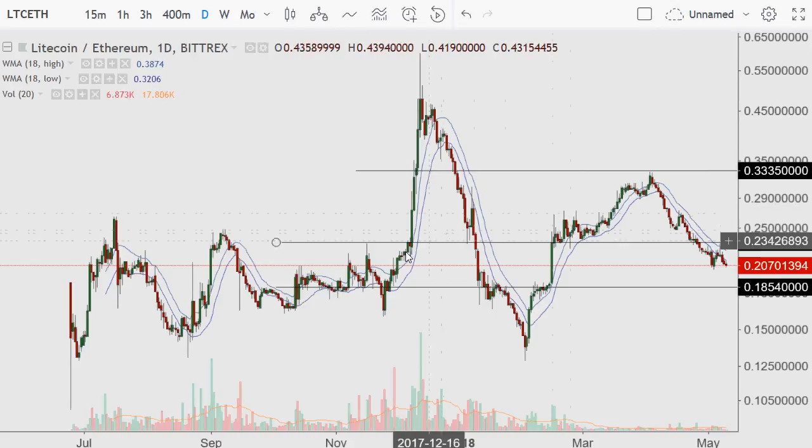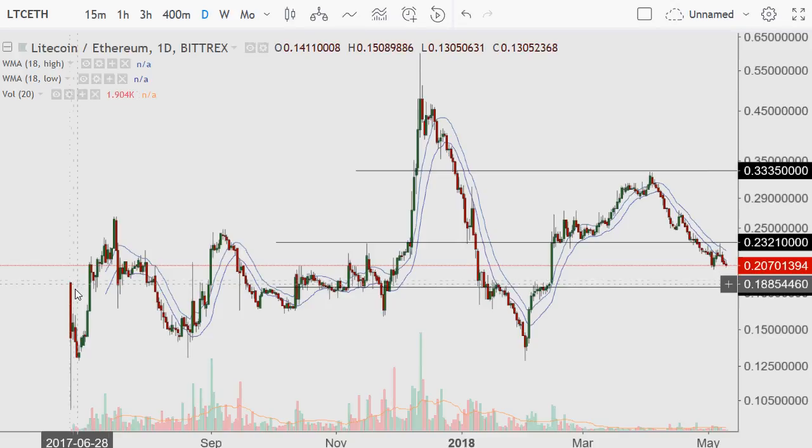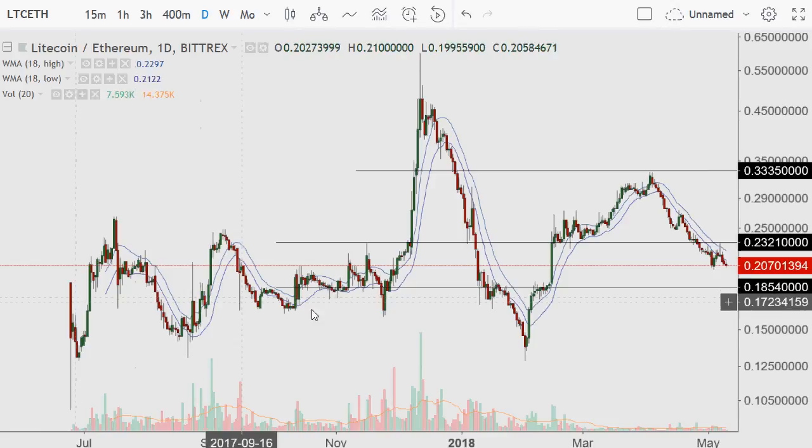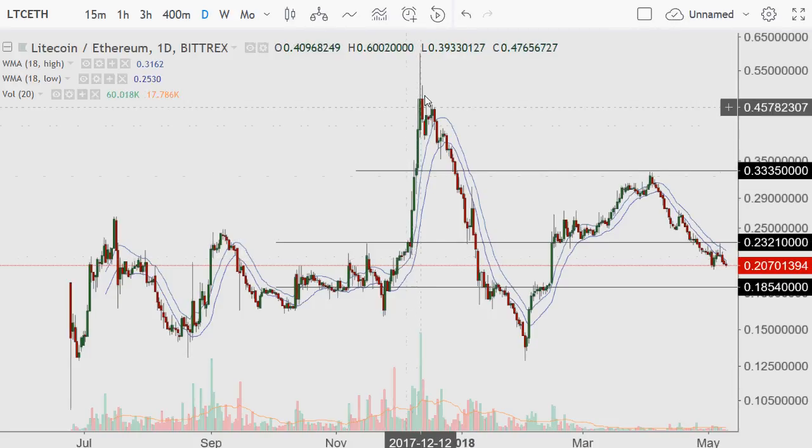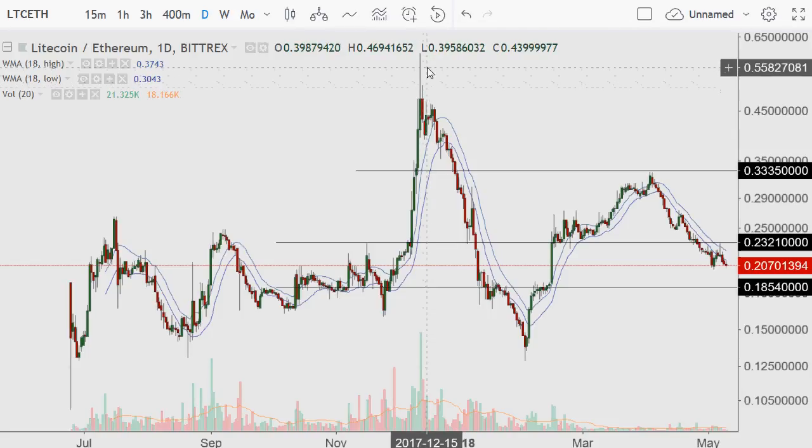And you can notice the major move that occurred ever since Bittrex started trading this in the summer of last year, chopping up and down from June 25th through the start of the second week of December, and then a big rally that only took a week or so, at a price never seen since.